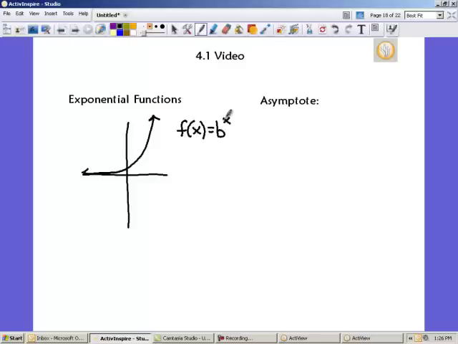And something you have to keep in mind with exponential functions is that we have something called an asymptote. And an asymptote is an imaginary line that the graph gets closer and closer to.